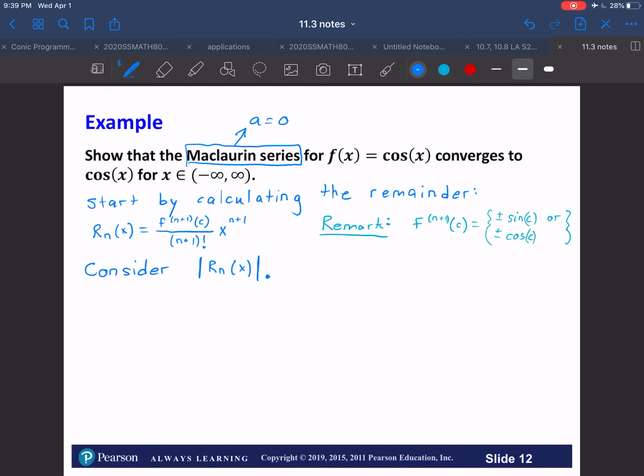All right, so if we consider that, then here's something we know. We know that 0 is certainly less than or equal to the absolute value of the remainder.